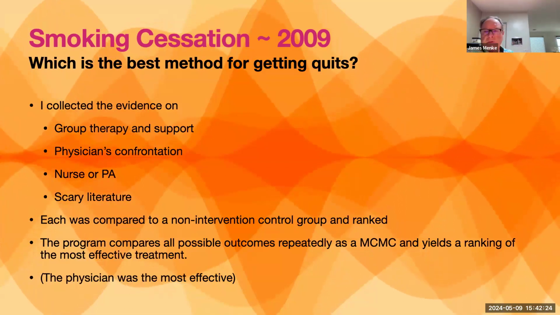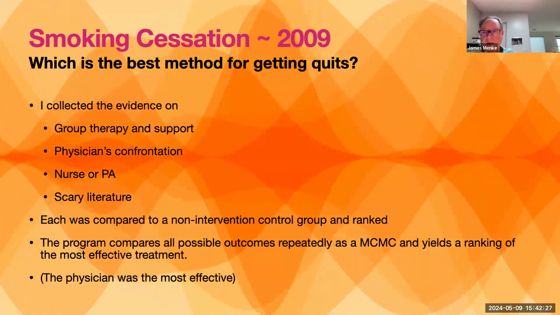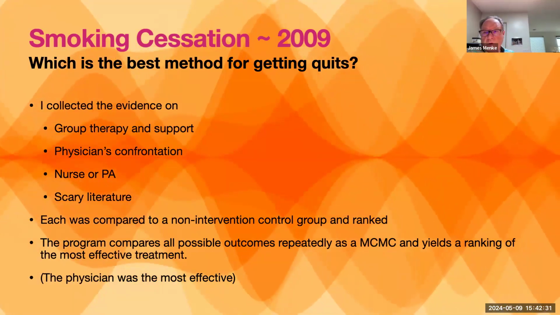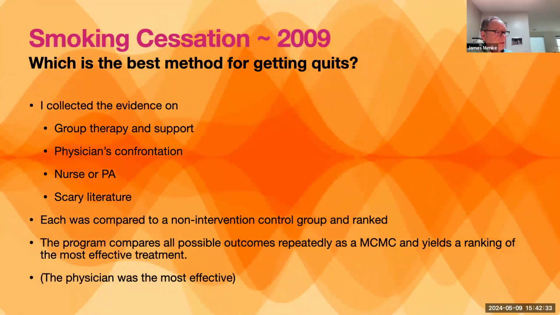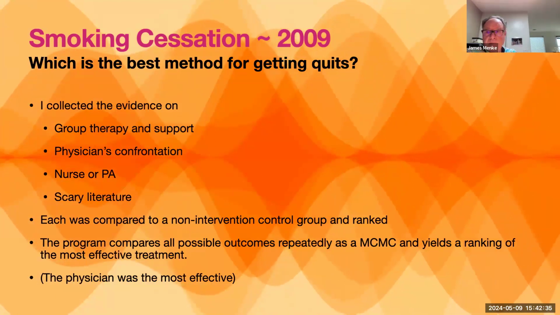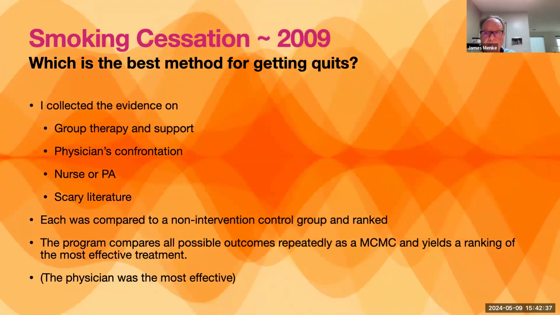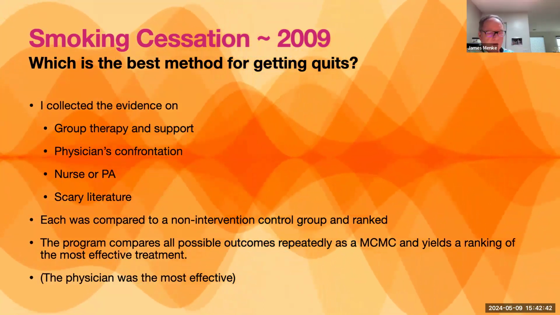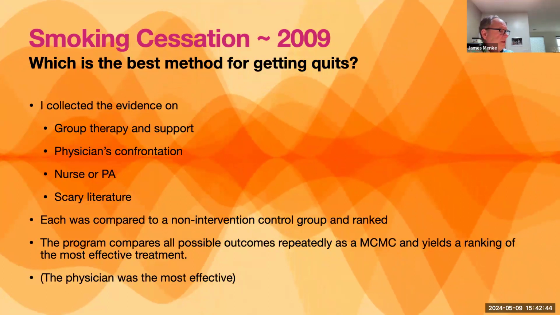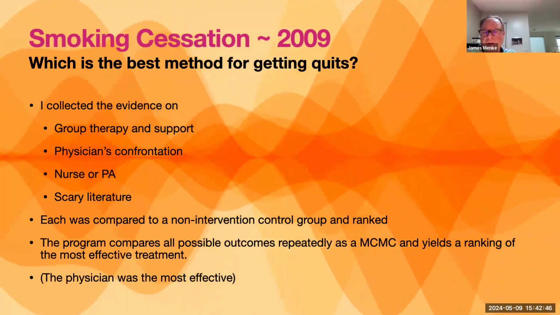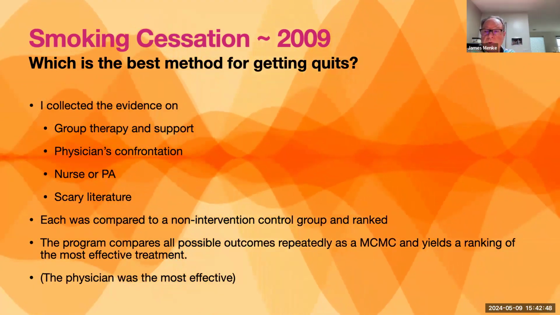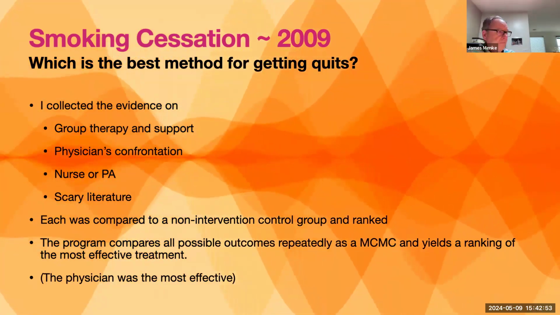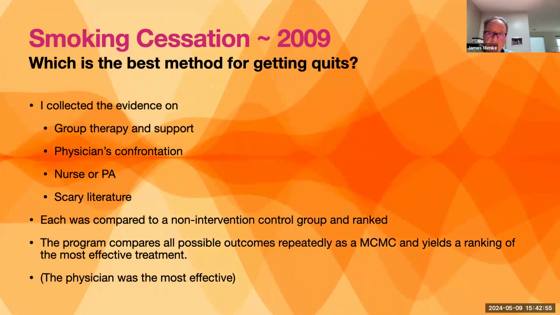It turns out that for each one of these, there are studies where they're compared to a control group. So I just blended them together in a Bayesian mixed treatment comparisons method, which is the predecessor of the network meta-analysis, and found that the physician carries the most weight in getting people to stop smoking for at least 1 year. So it's a credibility factor.